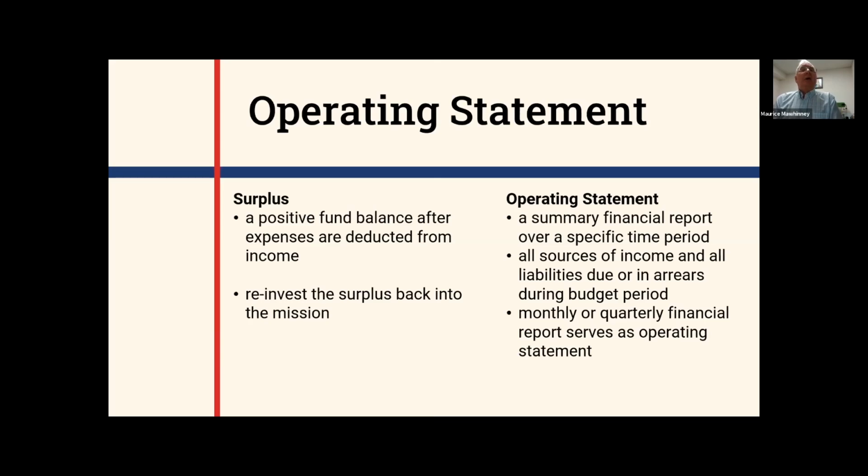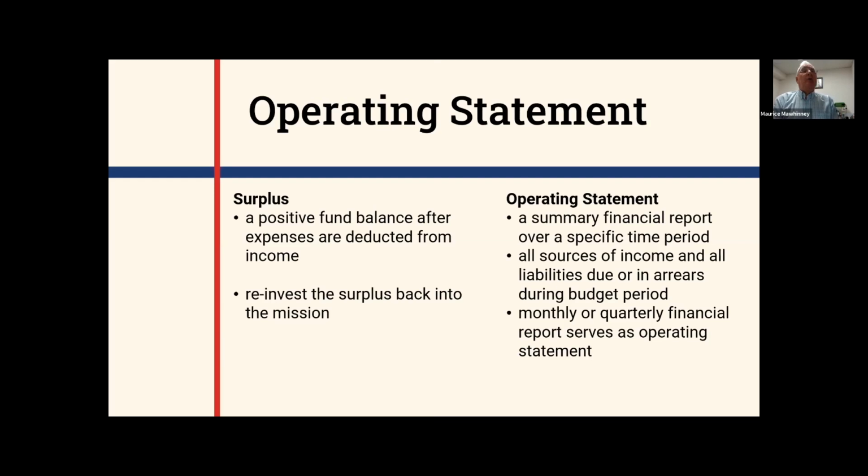The financial statements are a summary of the financial reports for a specific time period. The treasurer may produce financial statements on a monthly basis. They may produce them on a quarterly basis, but there is a report that is required to be prepared so that the leadership within the congregation can see how they're doing in relation to income, how it's coming in, what is being expensed, and where we're going as we go forward through the rest of the year, or when we get to the end of the year, how did we do?